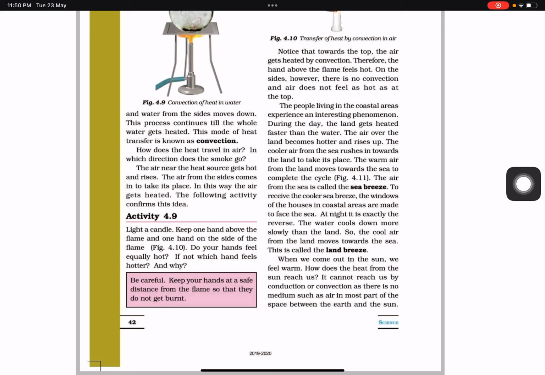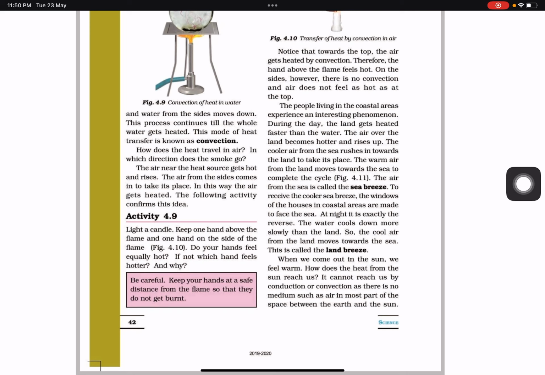You are very familiar with the words sea breeze and land breeze. Now what is sea breeze? It is a cycle at daytime in which the cool winds come from the sea onto the hotter land.